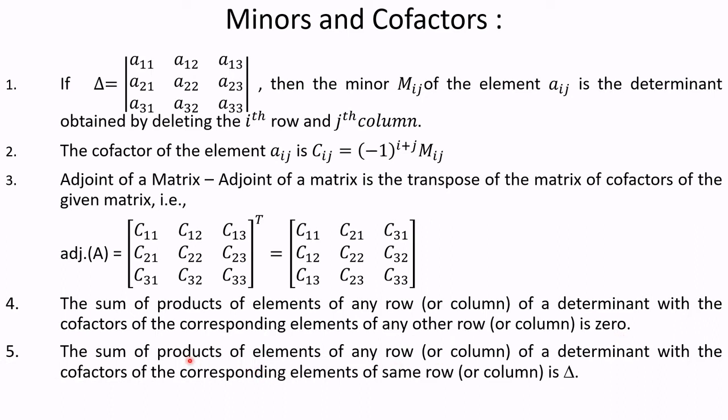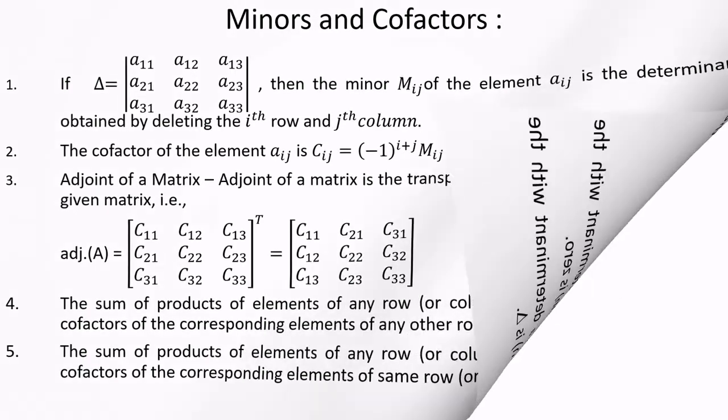Next property, the sum of the products of elements of any row or column of a determinant with the cofactors of the corresponding elements of the same row is delta, and if it is any other row, it is 0. This you please note down. Next, we will take up important results of determinants.